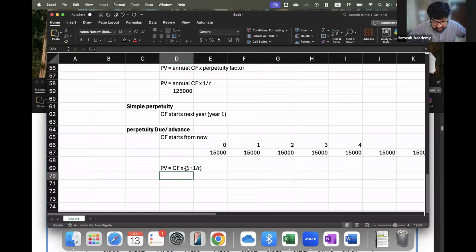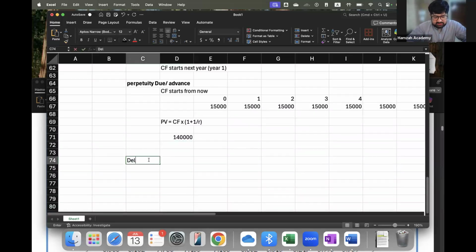This 1 is for year 0 cash flow. So cash flow 15,000 into 1 plus 1 by 0.12, 140,000, sorry, perpetuity due.